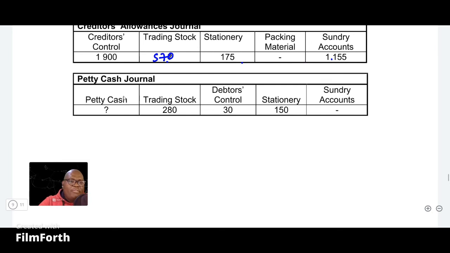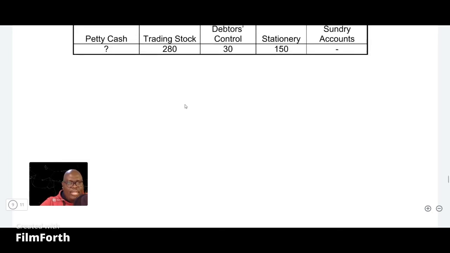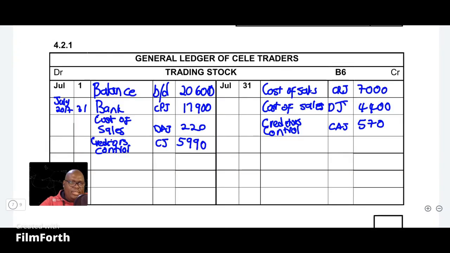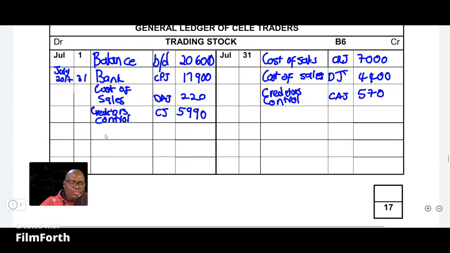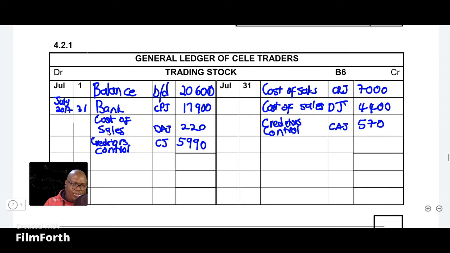We have petty cash journal, and from here we bought trading stock for 208, so meaning that our trading stock is supposed to increase. So we're going to have petty cash here. Remember, we can also buy things using petty cash, right?